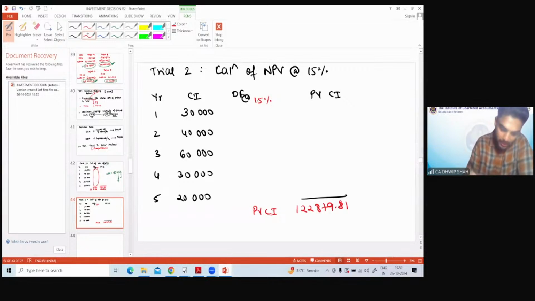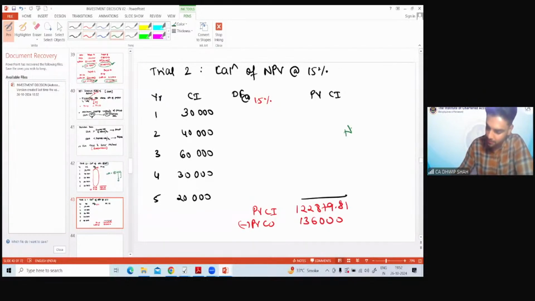Less PVCO of 136,000. So now my NPV is coming in negative, minus 13,120.